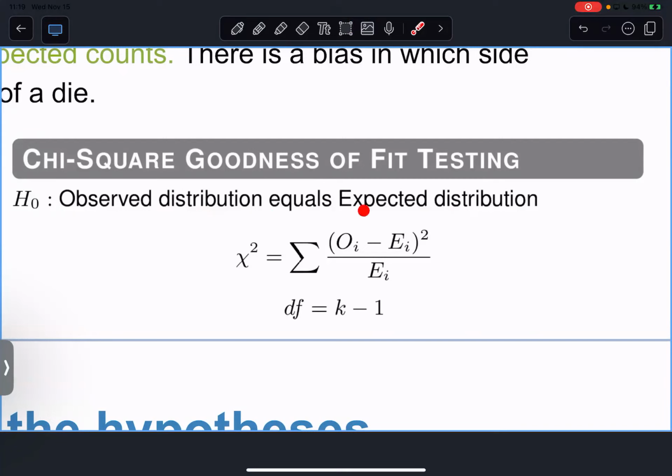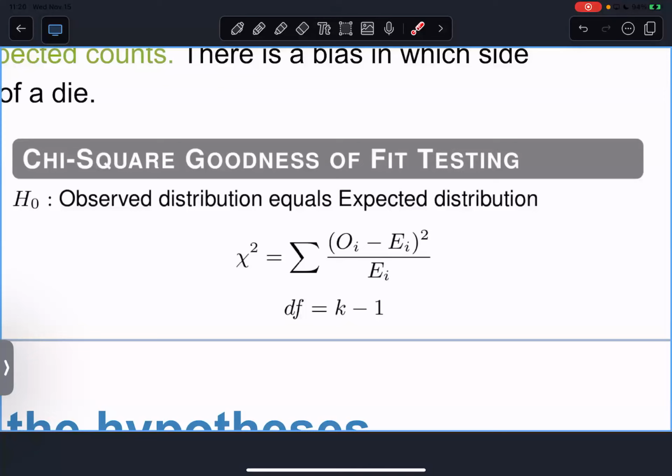And I capitalized expected, even though it doesn't really make sense, because the expected distribution is something that you usually have to calculate. Ignore this for now, but we're getting there. And so the null hypothesis is going to be in words for a chi-squared test, which is different from what we have been doing.